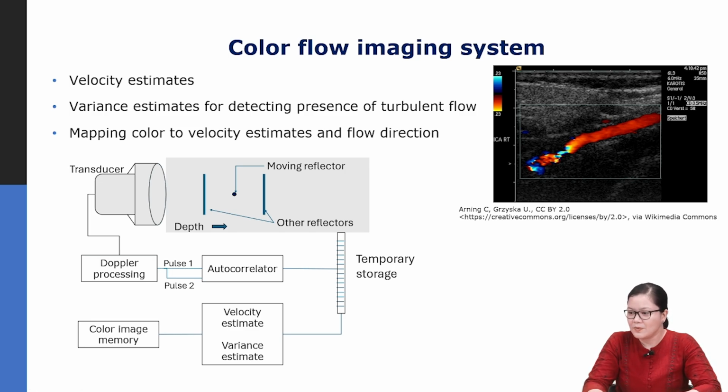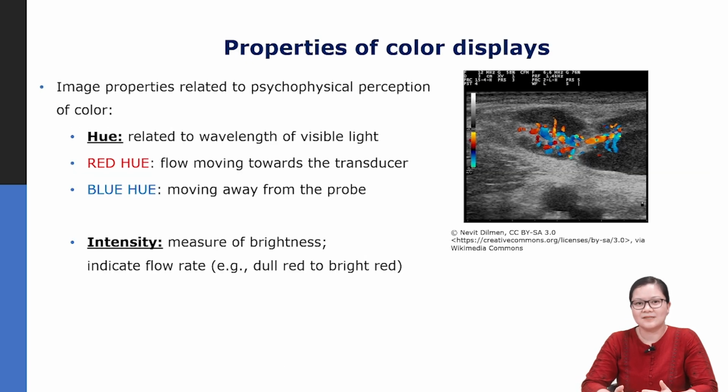One can estimate the variance of these blood velocities at this location, and that can give you an indication of how much turbulence there is here. That's useful for assessing certain diseases within that region. After these estimates, the data is saved into the color image memory, which will then be used to map your color Doppler display. So now let's talk about the properties of color displays.